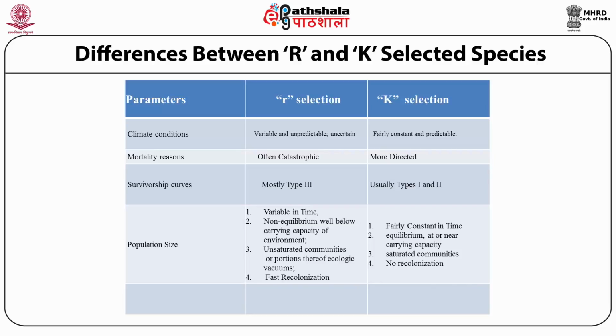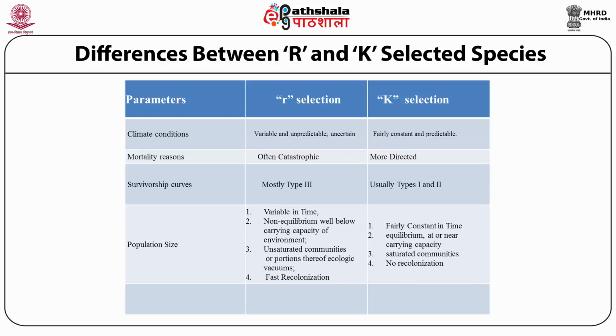The survivorship is also variable in time, that is, it can change with time, and it is not determined by the carrying capacity, whereas in the case of K-selected populations, the growth is determined by the carrying capacity of the population, and near the carrying capacity, the populations may show oscillations or fluctuations.